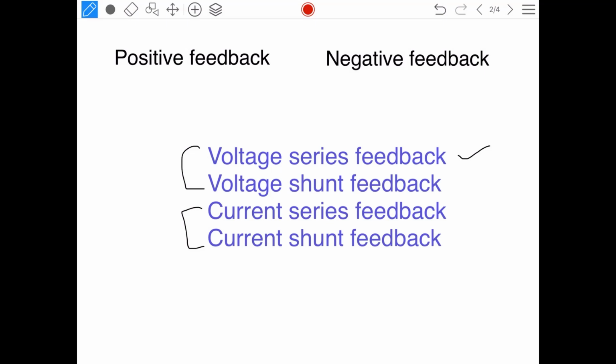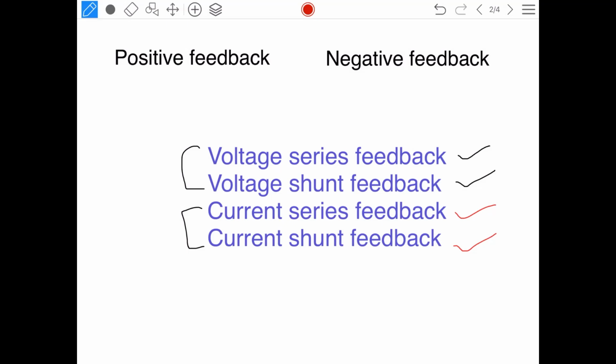If the voltage is fed shunt or in parallel to the input voltage, we call it voltage shunt feedback. Similarly, if current is fed in series with the supply, it is current series feedback, and if the current is fed in parallel or shunt to the input supply, we call it a current shunt feedback network.